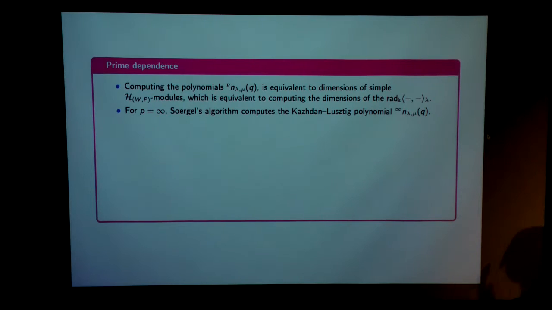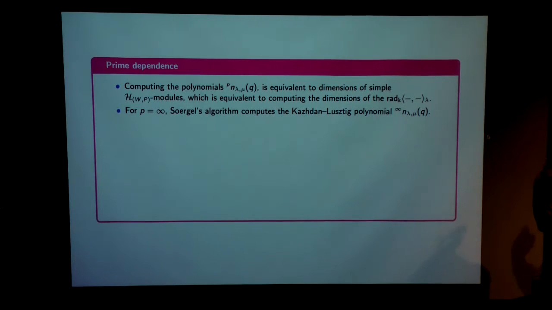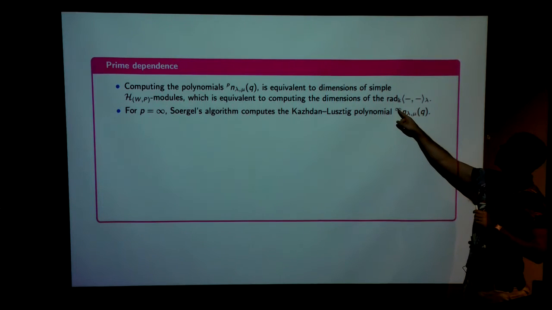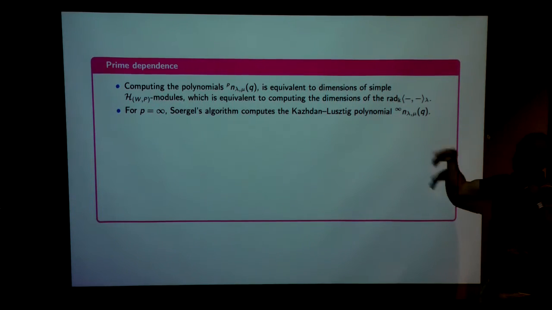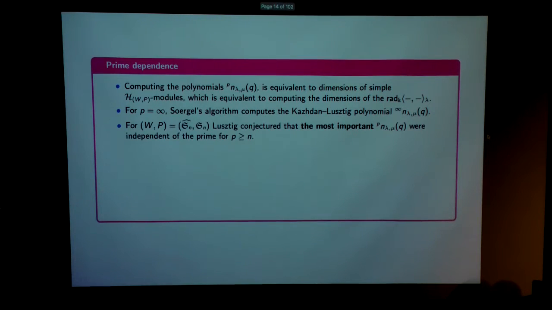Okay. Now, for infinite primes, or characteristic zero, however you want to call it, there is an algorithm for computing these Lusztig polynomials, which I denote with an infinity to note that the prime is infinite.